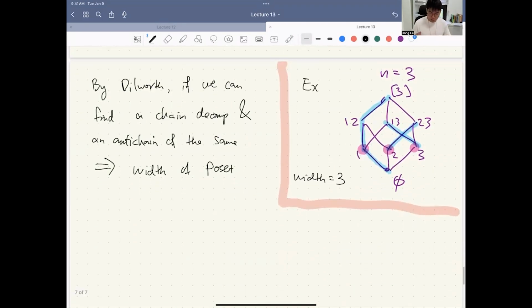Here's an example. Let's do some examples together.